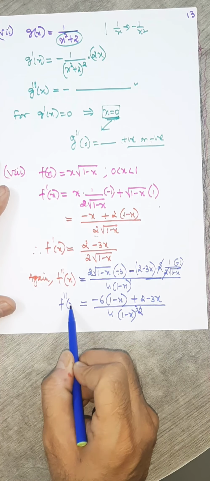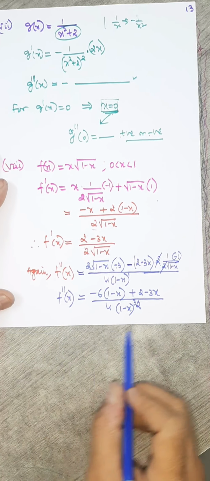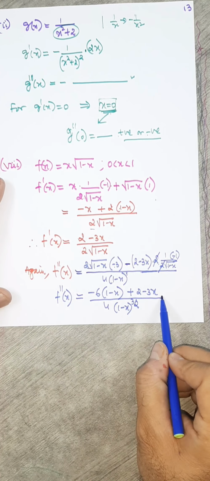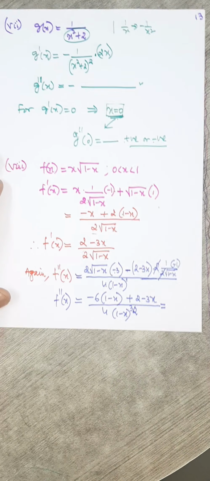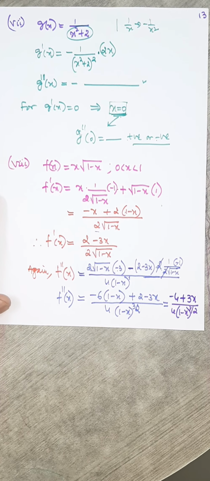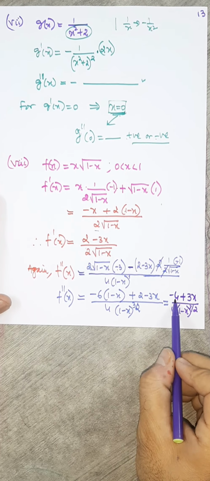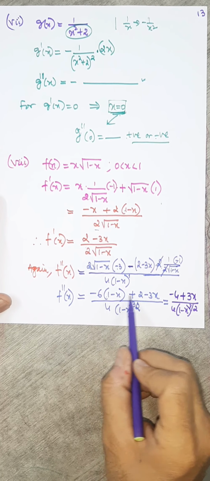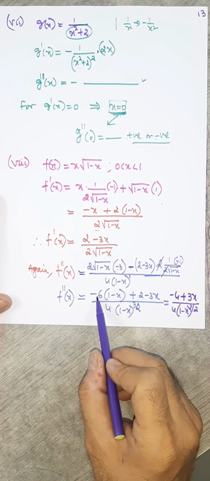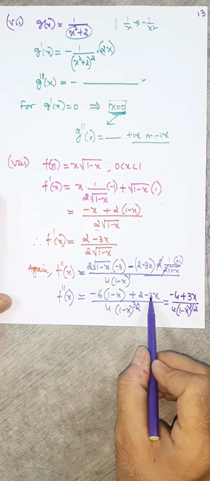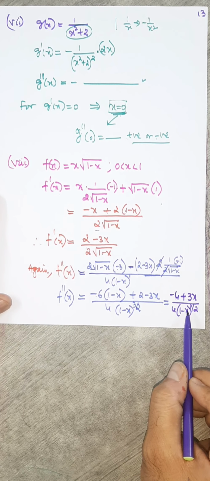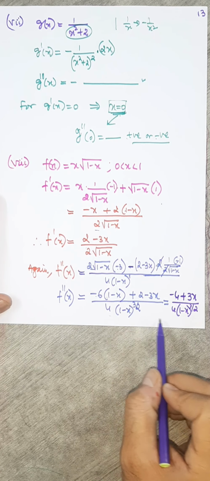This is f double dash. You can further simplify this numerator expression here. So the simplification is minus 4 minus 6 plus 2 minus 4 plus 6x minus 3x, so plus 3x, and this one as it is.